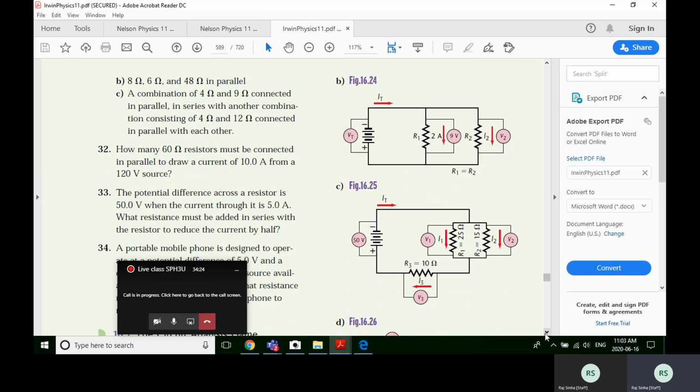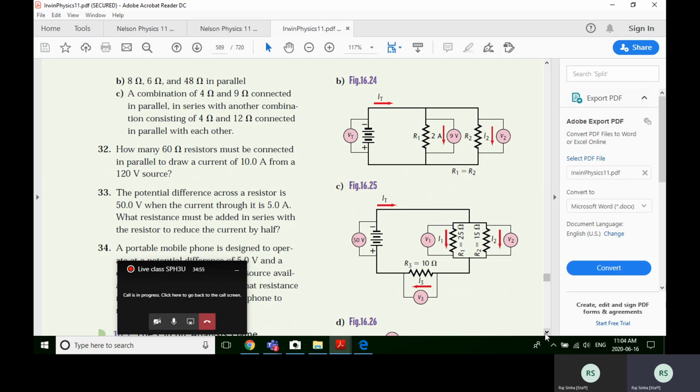Okay, so I've got a 4 and a 9 in parallel, so sometimes it's hard to draw these. Here's my source, and I'm going to draw 1, 2 in parallel, okay, and that's in series with 2 more that are in parallel.